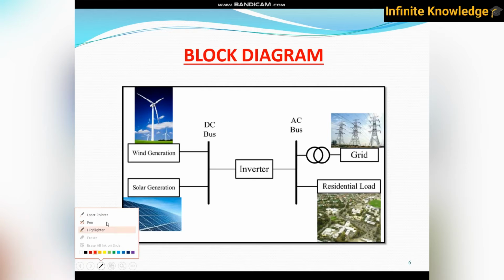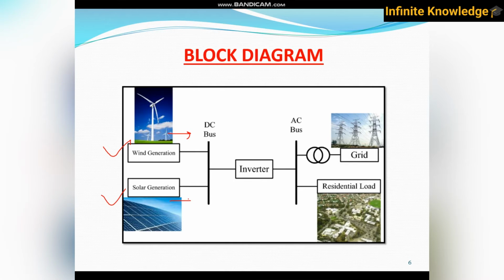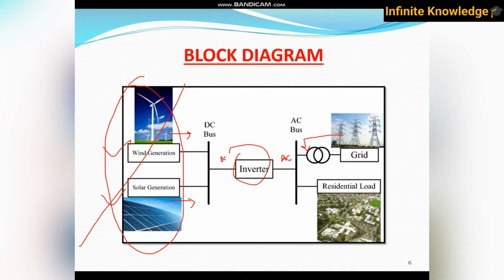So this is a block diagram, and similarly we have considered this in the simulation part. Wind generation and solar generation both generate a DC supply. The DC supply is then inverted using an inverter to an AC supply. And the grid is also available 24/7. Depending on these renewable energy sources, we are switching over different sources, and if both are not available, then the grid will supply the total load to your residential load.